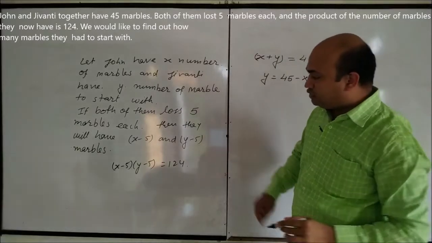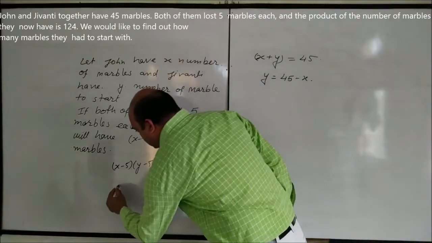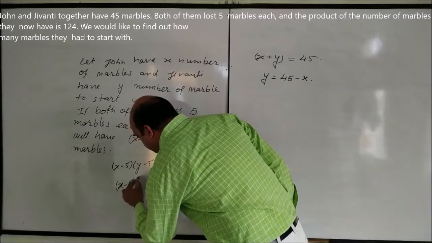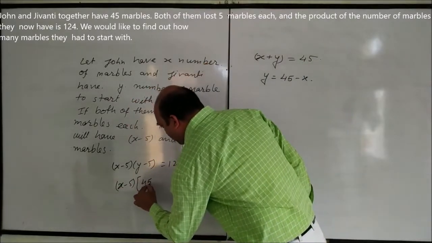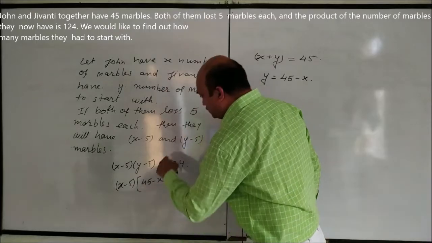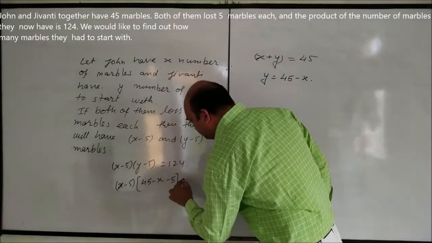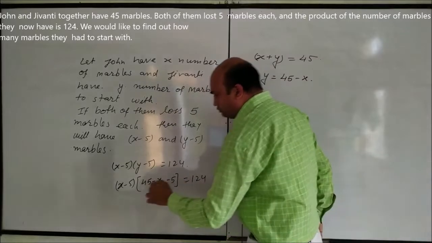This value we substitute here. X minus 5 into y, we write it as 45 minus x minus 5, is equal to 124.